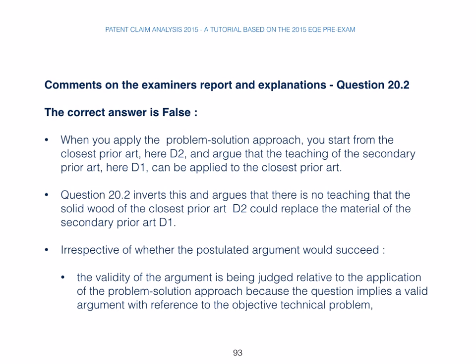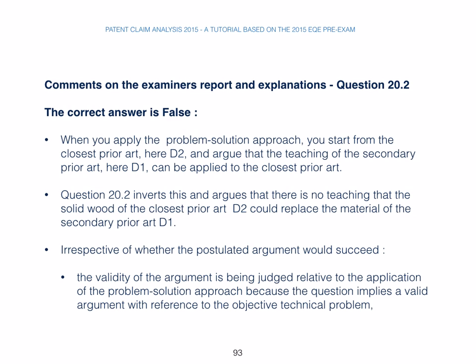The correct answer for 20.2, in my opinion, is false. When you apply the problem-solution approach, you start from the closest prior art, here D2, and argue that the teaching of the secondary prior art, here D1, can be applied to the closest prior art.